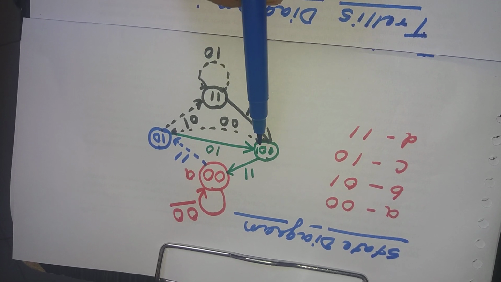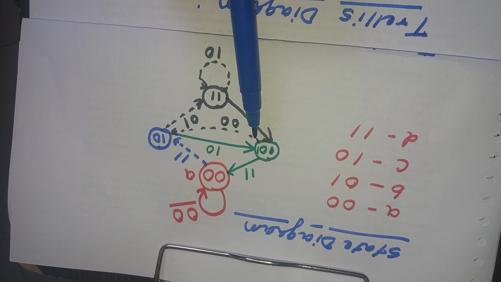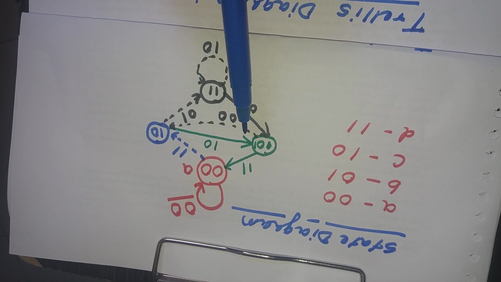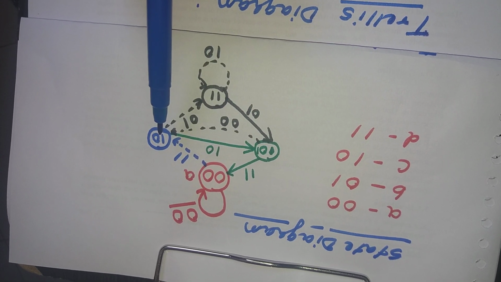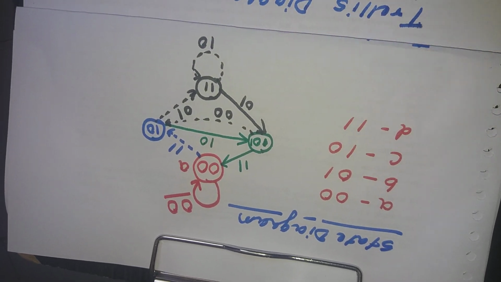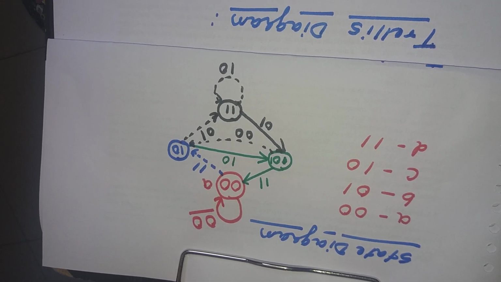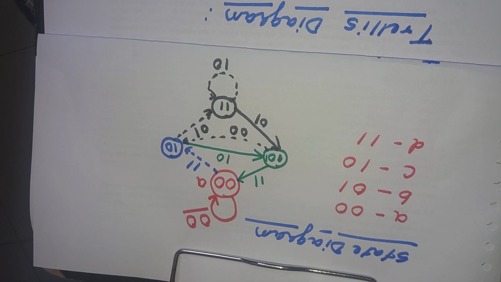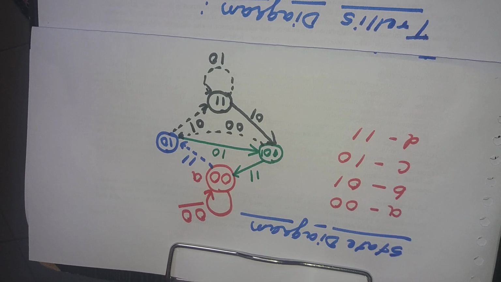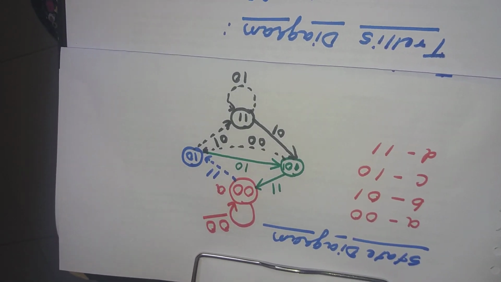The second condition is we are in state 0 1 and the input is 1. Then we move from 0 1 to the next state 1 0 and the output is 0 0, which is indicated by a dashed line. So from state 0 1, we move to the state 1 0. So we show it with a dashed line.